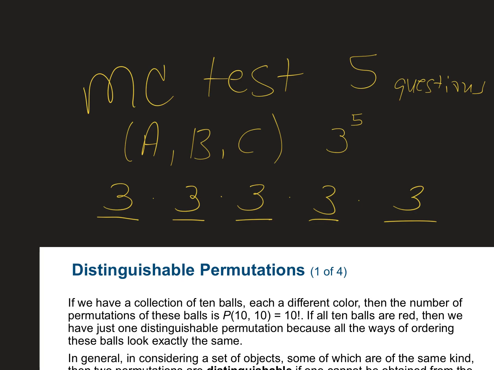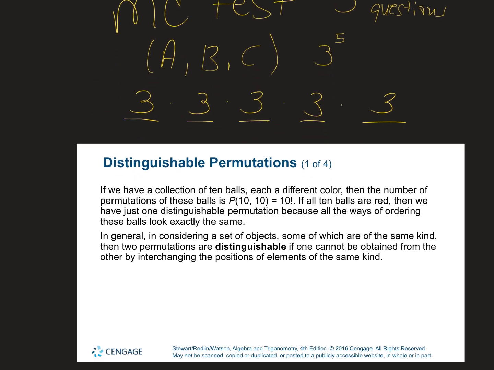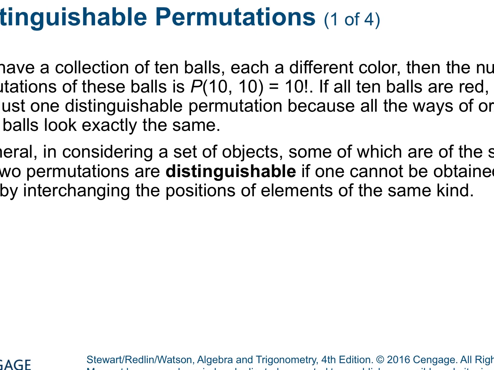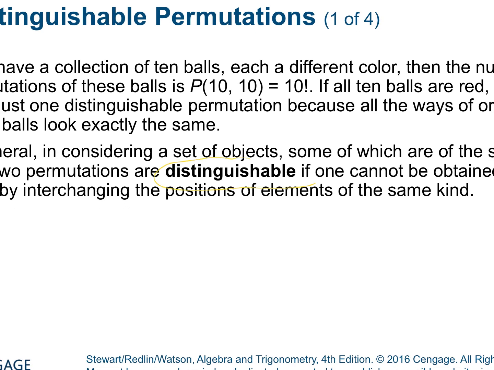You guys see that? If we talk about something called distinguishable permutations, you will usually see this when we talk about letters and words.